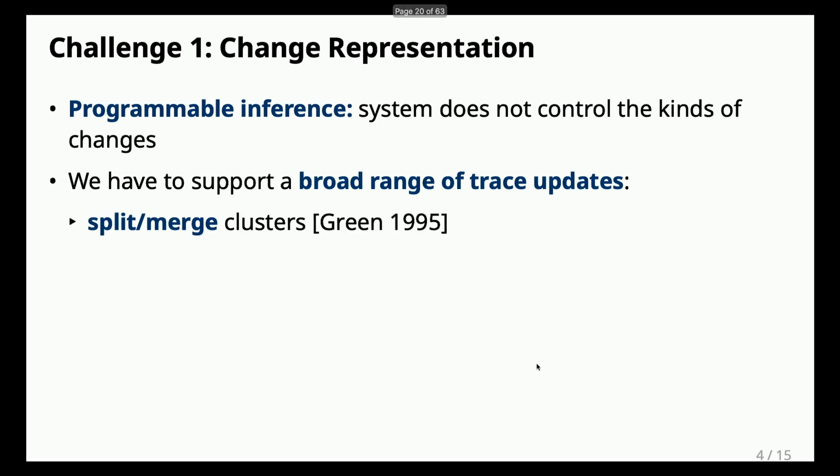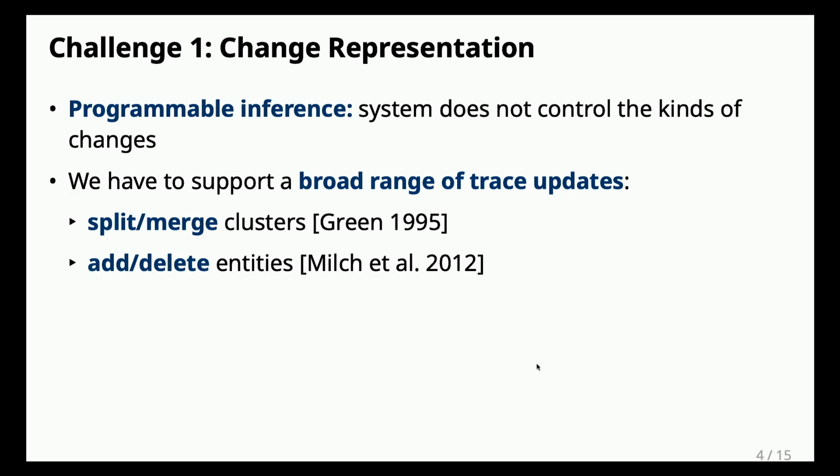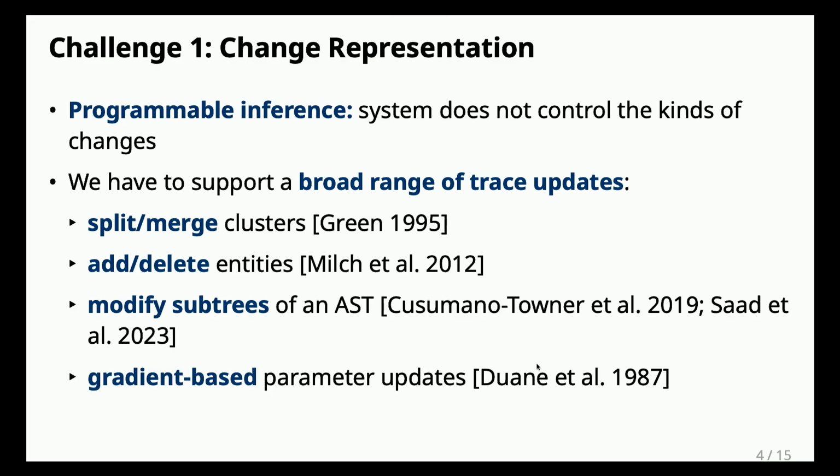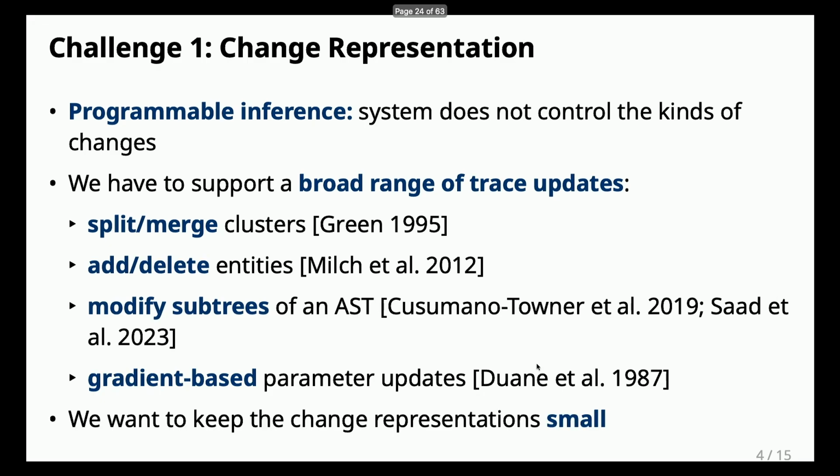For example, splitting or merging clusters in more complex models, or in open universe models, we might want to add or delete objects or entities. We might want to modify subtrees of an AST, like in Maddie's talk on program synthesis. Or we might want to do gradient-based parameter updates. And we want to represent all of these kinds of changes in a concise and efficient way.